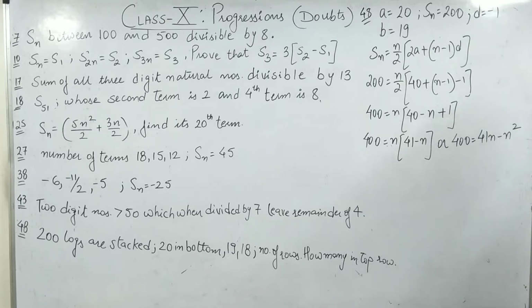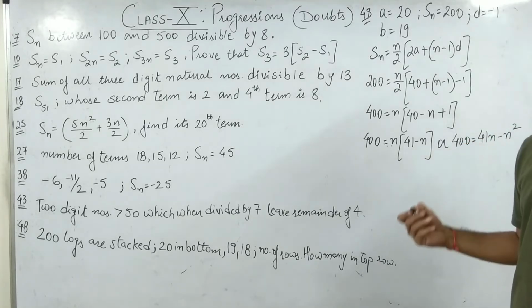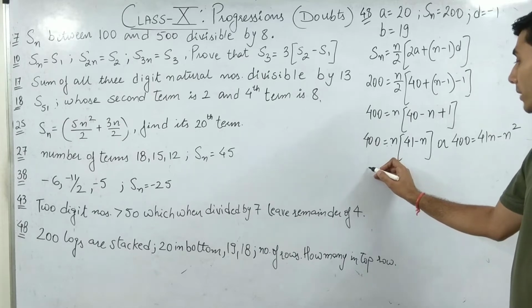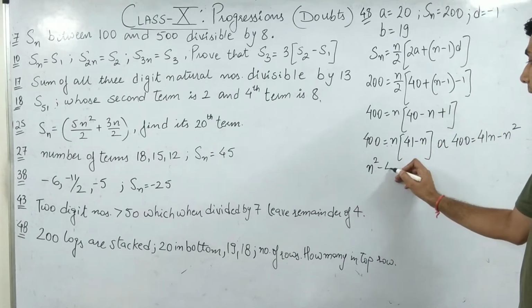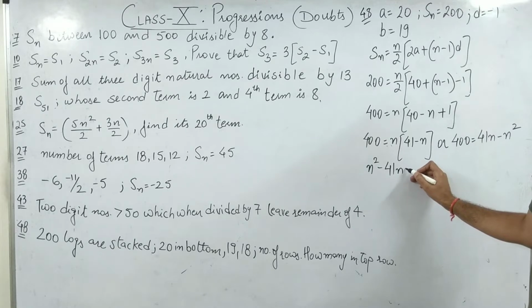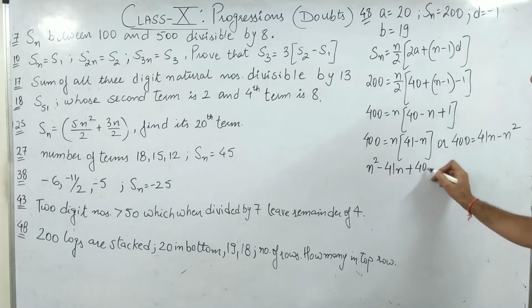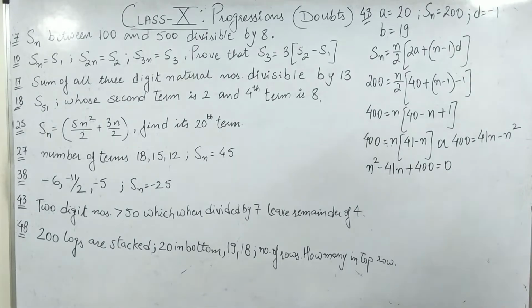Now let's bring everything to the left hand side to make it a standard form of quadratic equation. So this will become n square, 41n will go over there and become minus 41n, then plus 400 equals 0. I'm sorry, bad throat. Don't worry, it's not COVID. These days everyone is very afraid of COVID. Anyway, n square minus 41n plus 400.